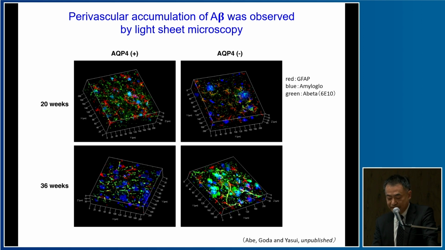But if you compare these two at the age of 36 weeks, you can see more accumulation of amyloid beta, especially lining the vessels. So in addition to the larger plaques, we also observed CAA pathology.